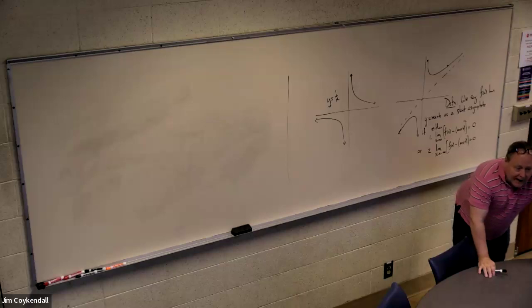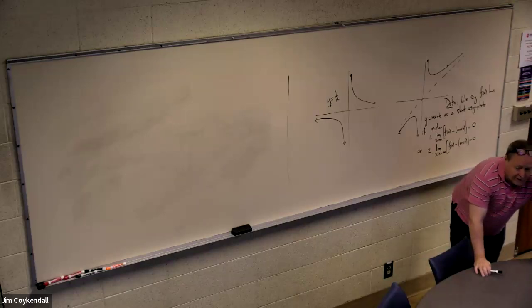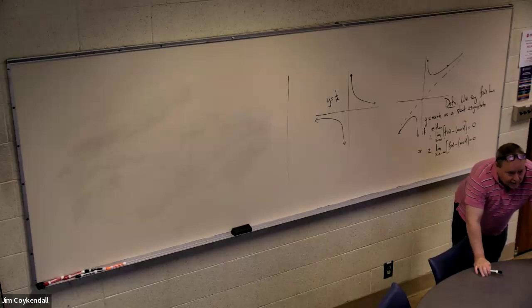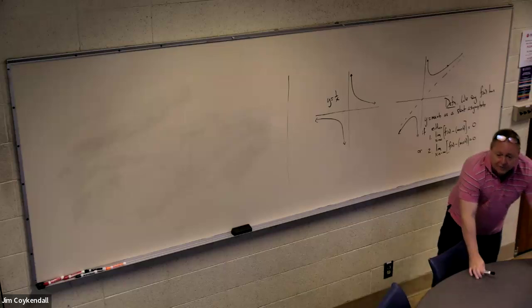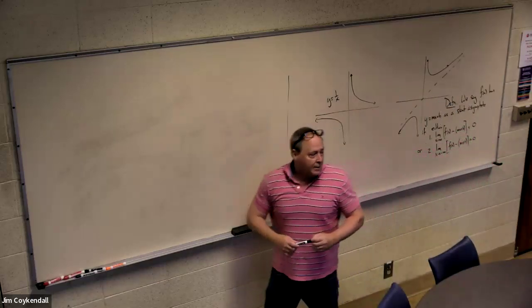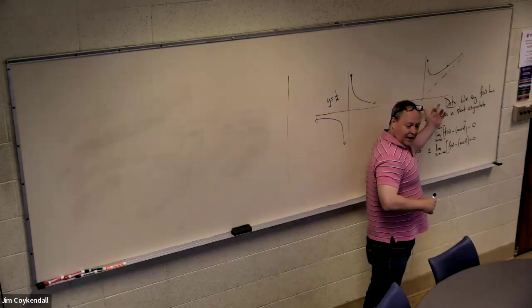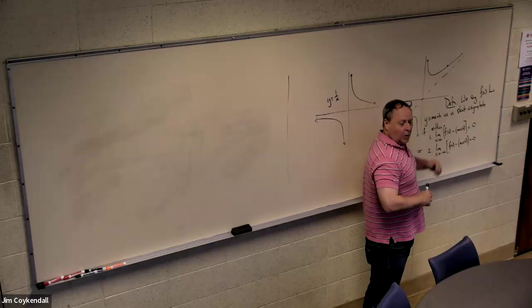Well, you can certainly have, I can give you functions that have horizontal asymptotes and no vertical asymptotes. And I can give you functions that have vertical asymptotes and no horizontal asymptotes. Tangent x, that's a good example. It's got a lot of vertical asymptotes. But can anybody give me an example of a function that has a slant asymptote that isn't horizontal?